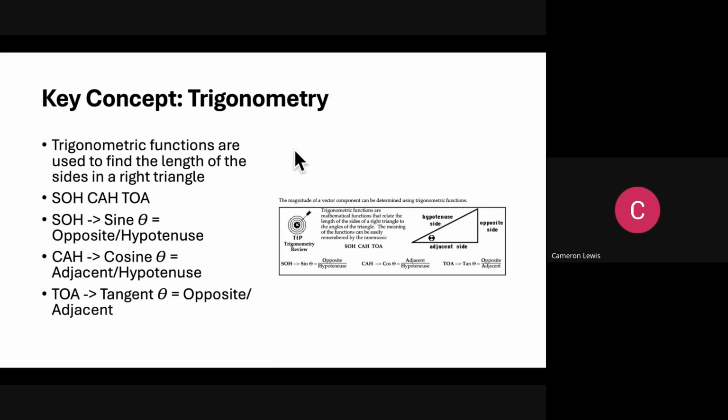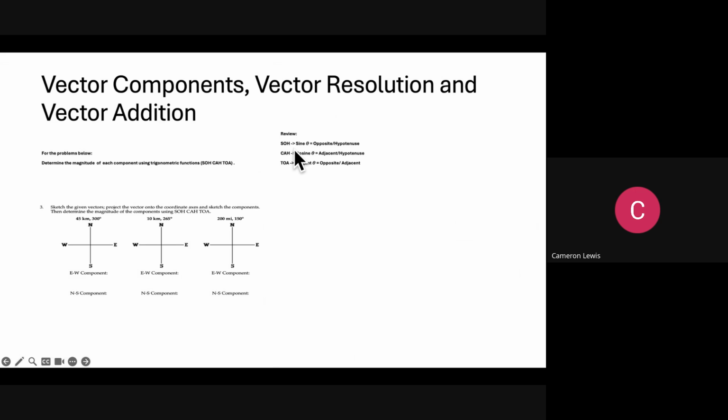Now let's actually use it instead of me just talking about the math. I wrote in the top right for review our 3 equations: SOHCAHTOA, sine, cosine, tangent. This is the same problem we just did, but now let's determine the magnitude of each component using the trigonometric functions.